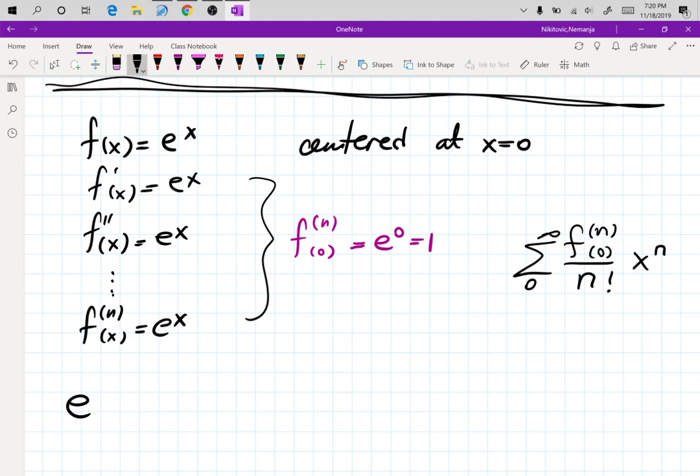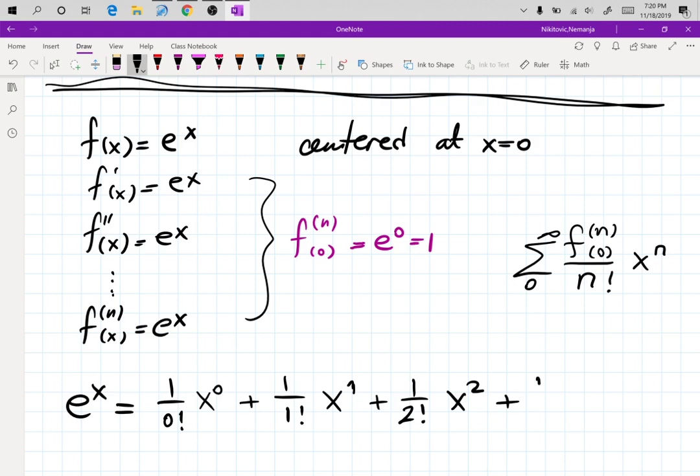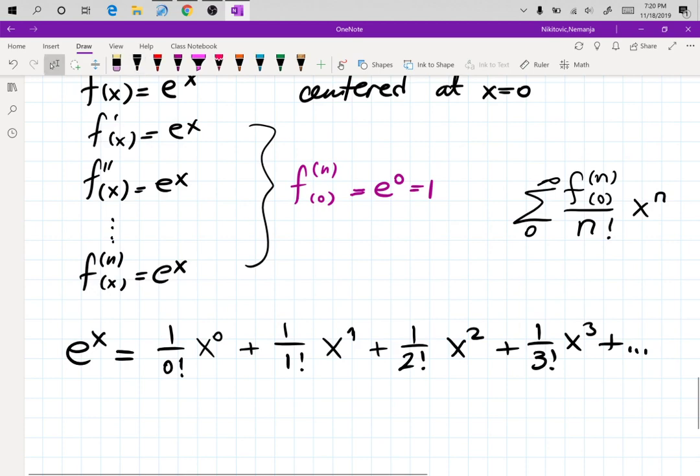So what do I have? e to the x is equal to 1 divided by 0 factorial times x to the 0, which is 1, plus 1 divided by 1 factorial x to the first power, plus 1 divided by 2 factorial x squared, plus 1 divided by 3 factorial x cubed, plus dot, dot, dot, because we got lazy.